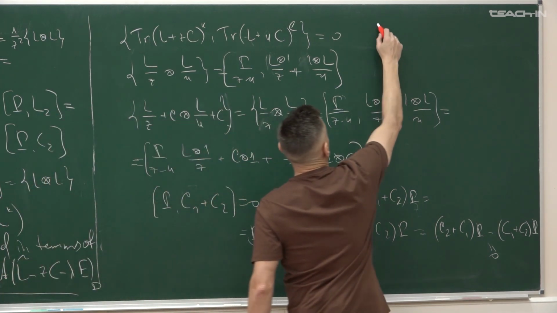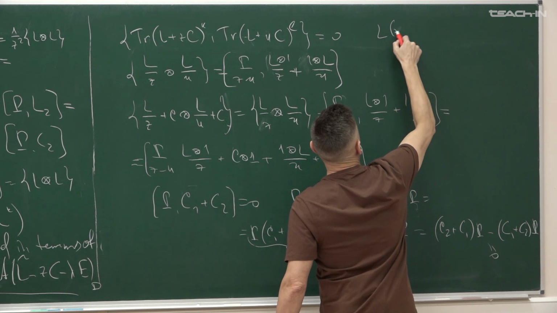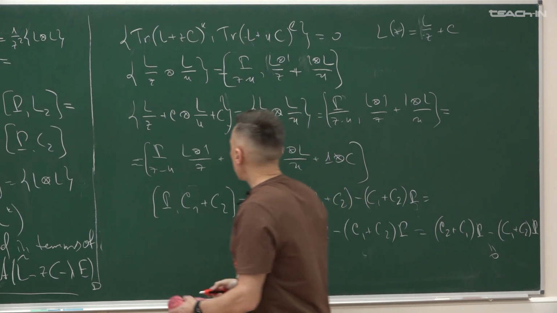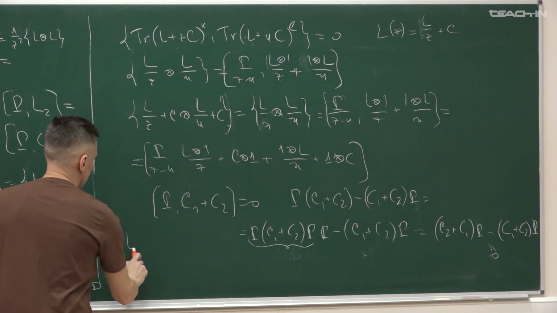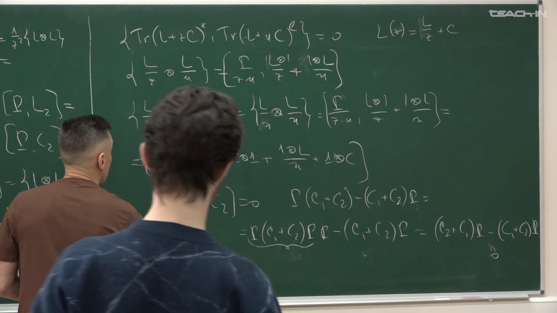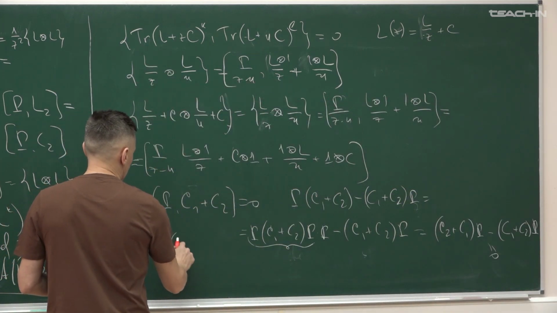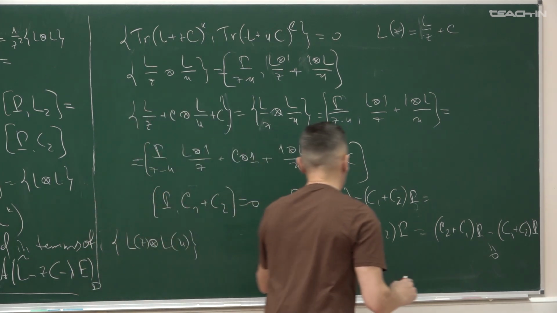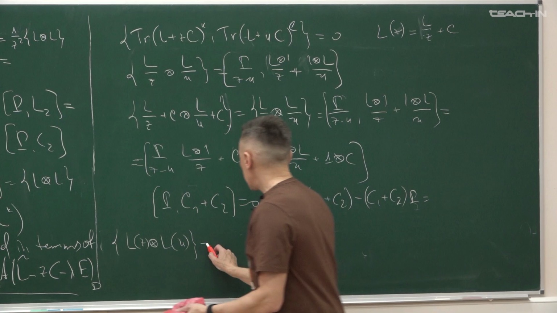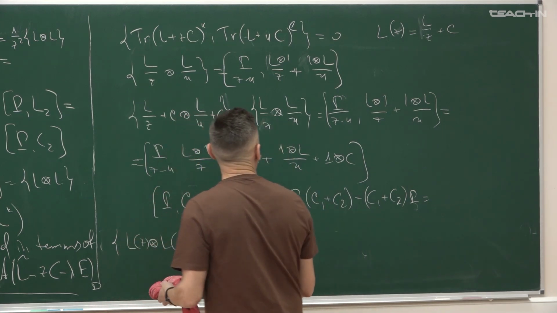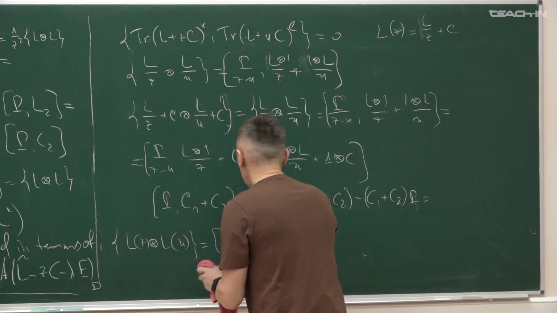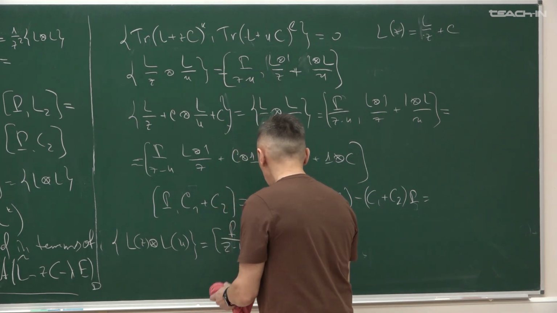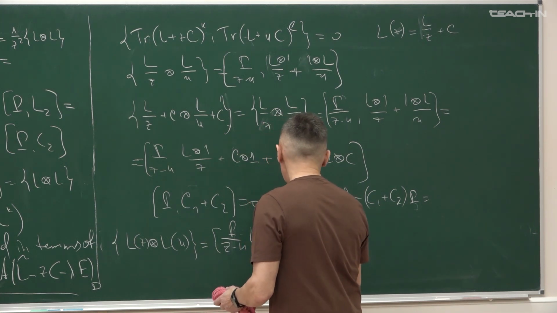So we now denote this function as L of z plus C, and we have demonstrated that the bracket of L of z with L of u is P over z minus u times L1 of z plus L2 of u.